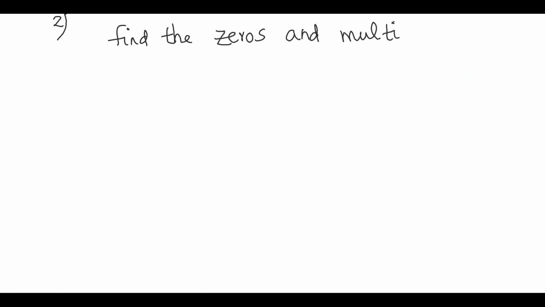So let's do another example. Now, in this example, we are going to find the zeros and their multiplicities as well. We learned how to find the zeros and multiplicities. However, we are going to apply the rational zero theorem to find the zeros first.